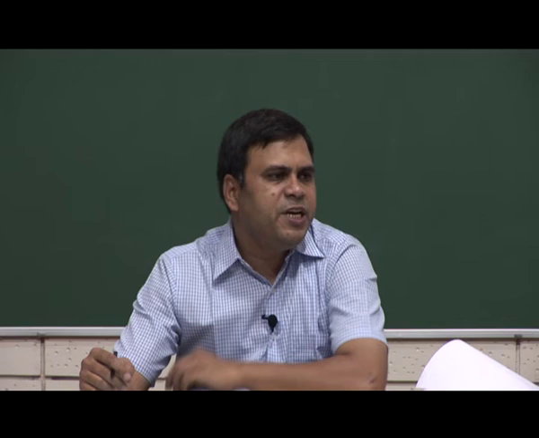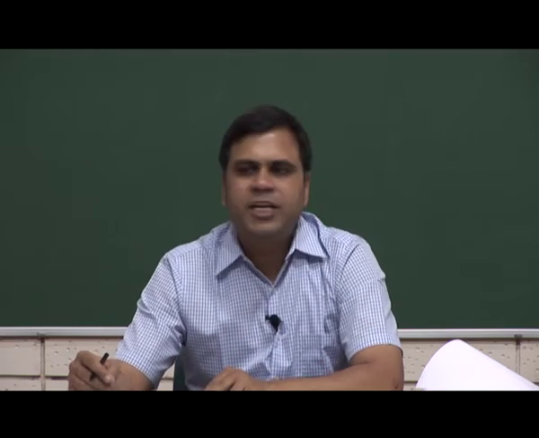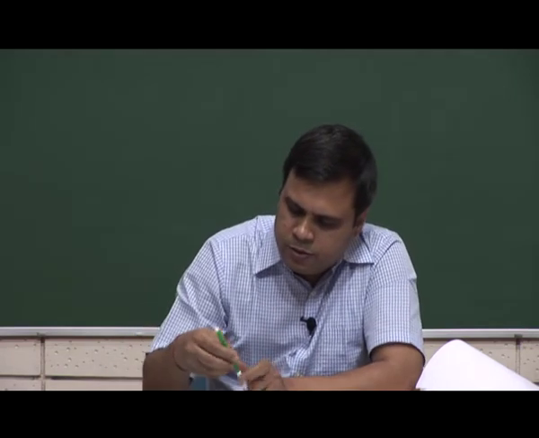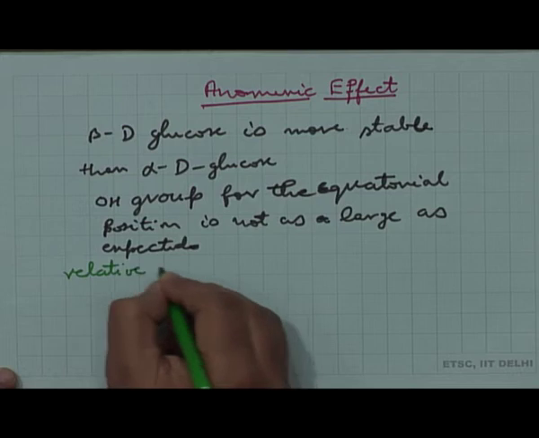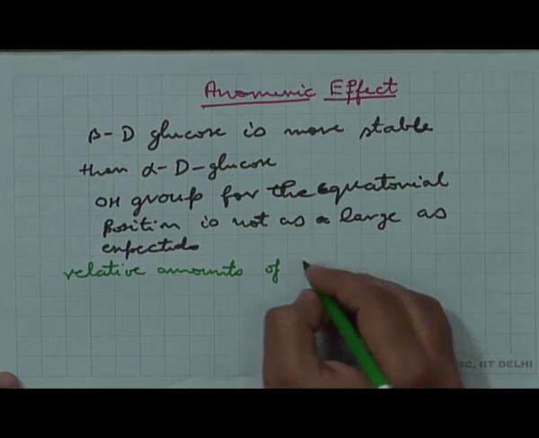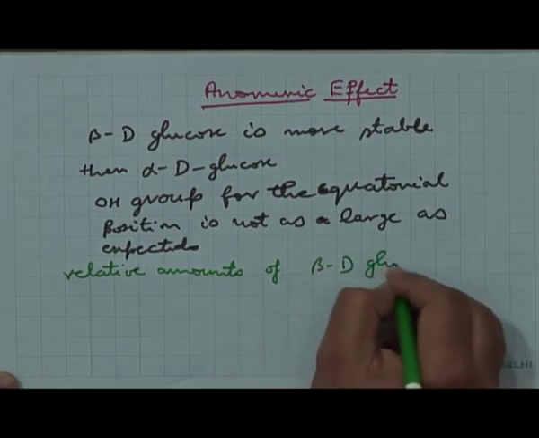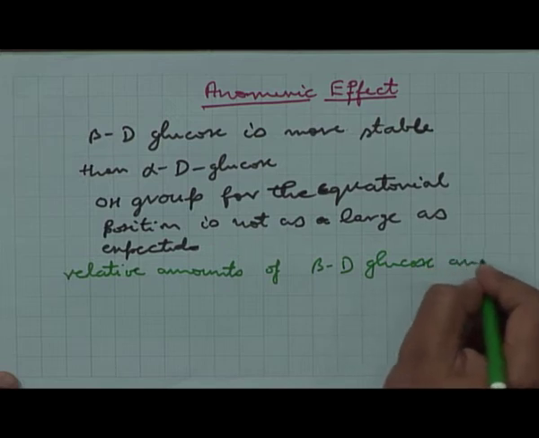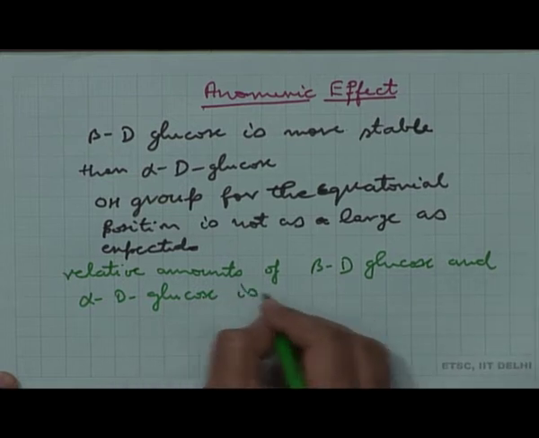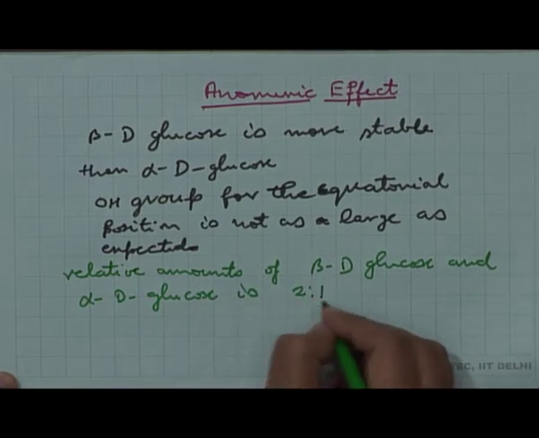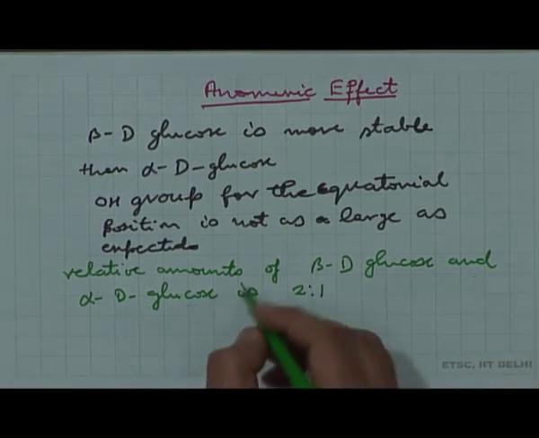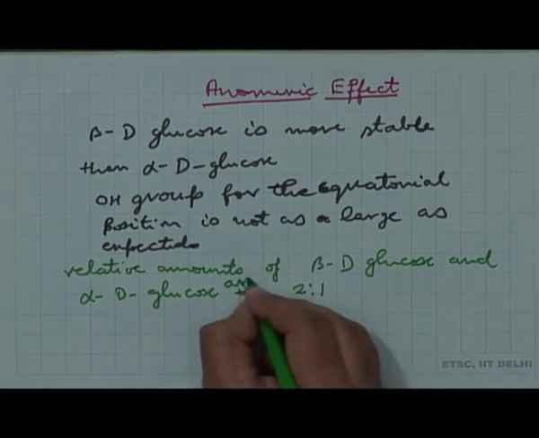The population of beta D glucose should be very high, but in reality the relative amounts of beta D glucose and alpha D glucose are 2:1.